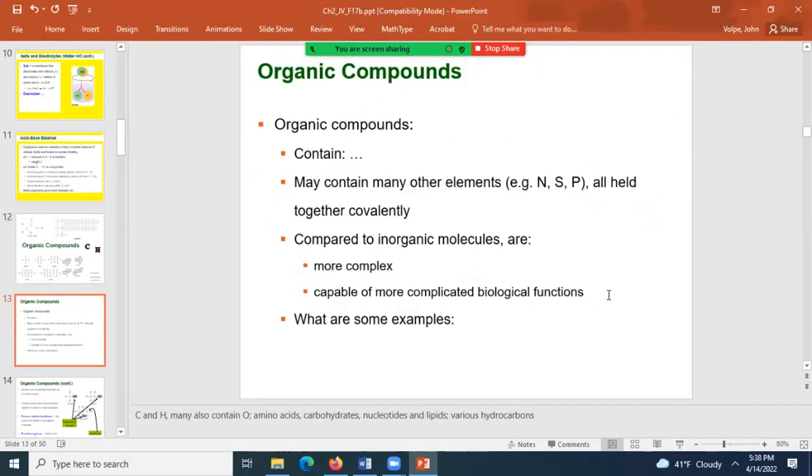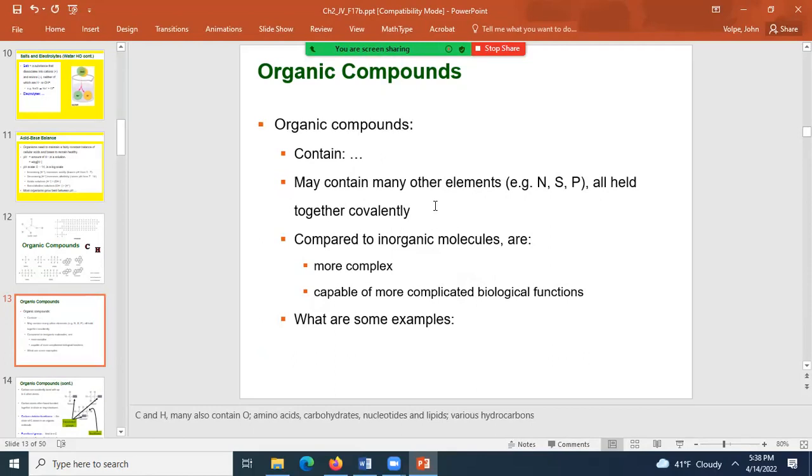If there's no questions, let's talk about organic compounds. Like I said, they always contain carbon and hydrogen. Many of them do contain oxygen, but they don't have to contain oxygen. They may contain other elements like nitrogen, sulfur, phosphorus. All of them are held together in an organic compound by covalent bonds.